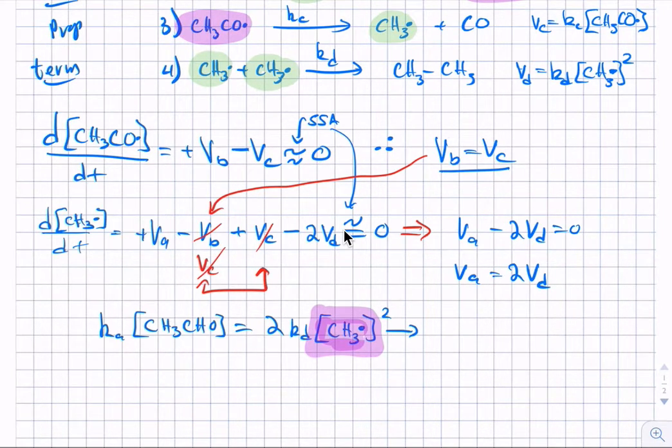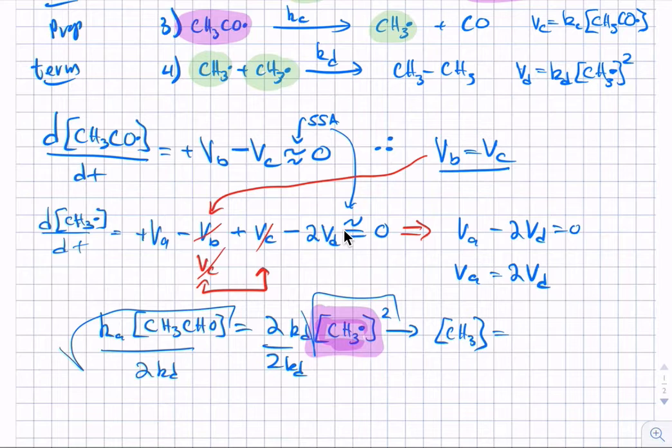I'm going to say that the concentration of CH3 is going to equal, so that just means I've got to divide both sides by 2kd, and then take the square root of both sides, and I'll end up with Ka over 2kd to the power 1/2 times the concentration of the aldehyde to the power of 1/2.